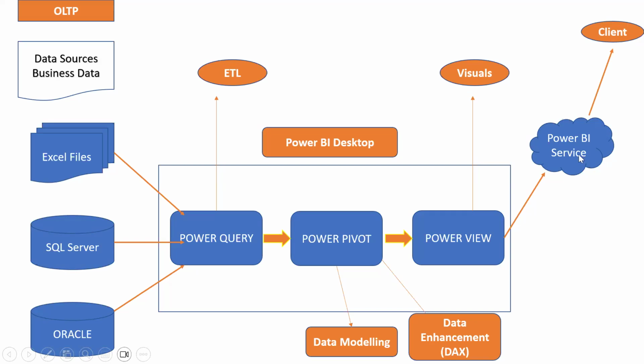Okay, there is one more security feature where, for example, there is a hierarchy. There is a CEO of the company, then there are CFOs or CXOs, and below that senior directors, VPs, directors, senior managers, like that a hierarchy is there. Same report I will be sharing with everybody. CEO should be able to see entire organization data. Whereas finance VP should see all the data related to only the finance department.